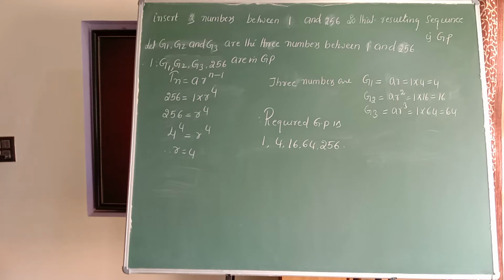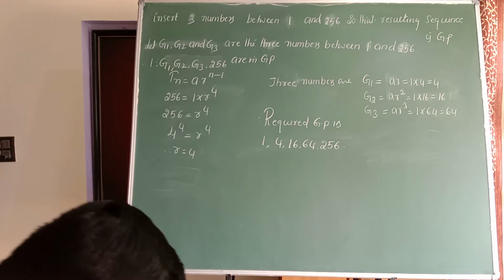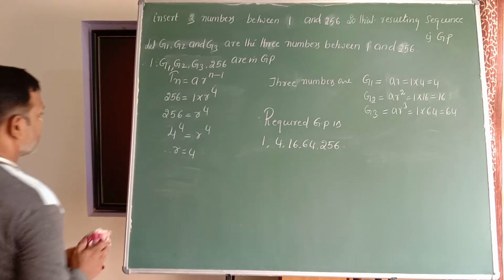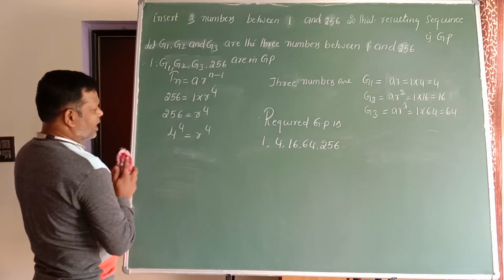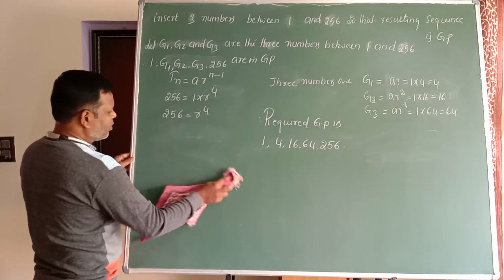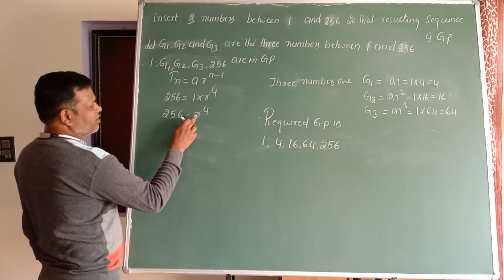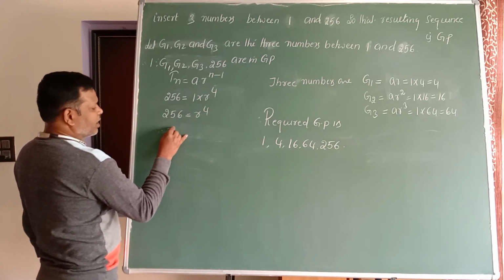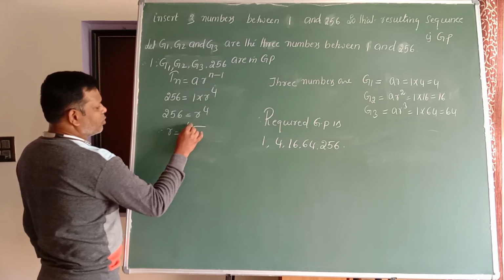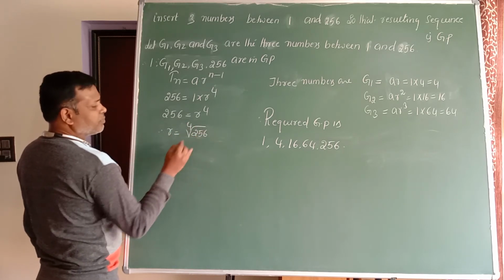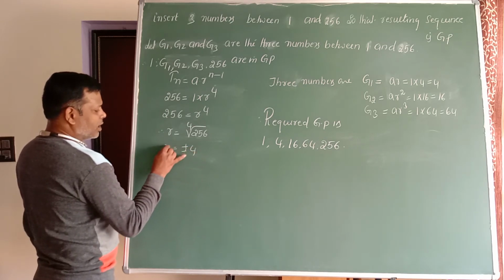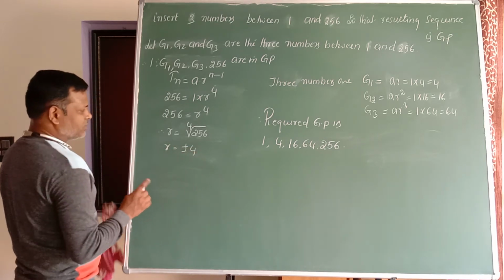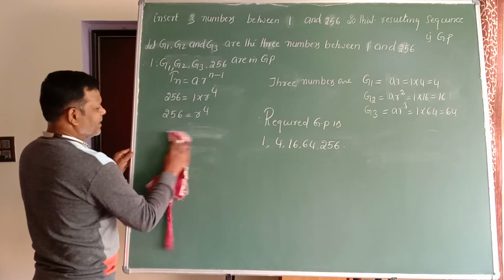Okay, here we have something we have to do like this. So 4 power 4 is equal to R power 4. 256 is equal to R power 4. Therefore R is equal to 4th root of 256. Right? So nothing but plus or minus 4 as the R value. How is it plus or minus 4? I can explain here.